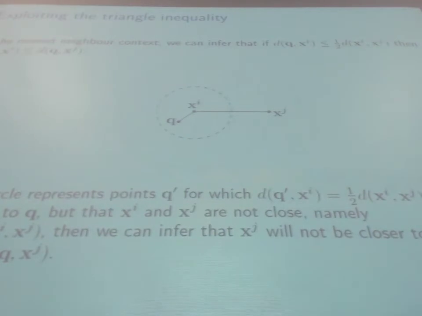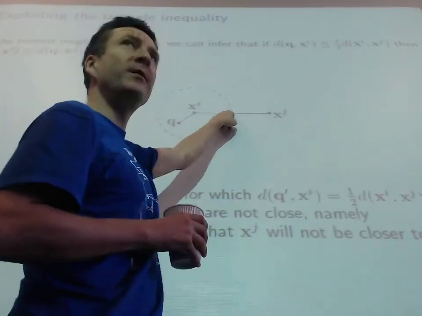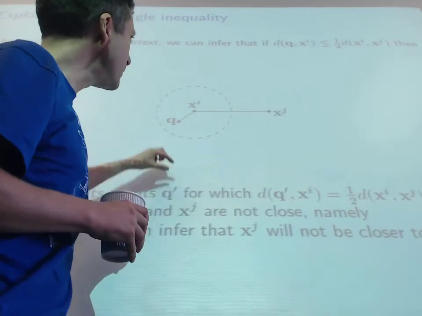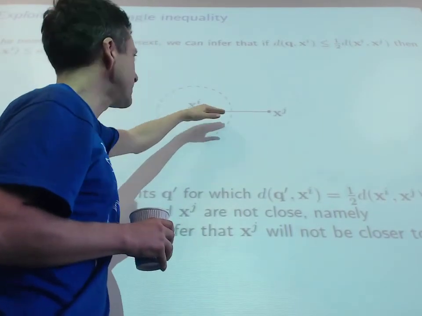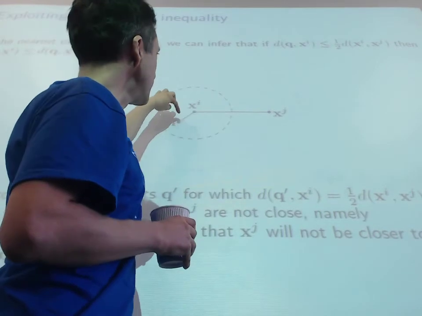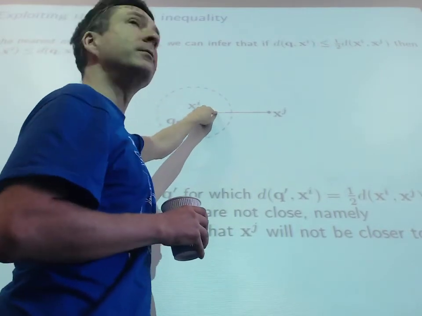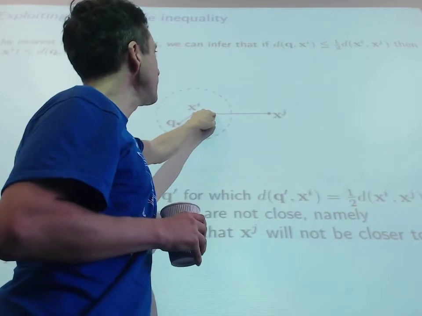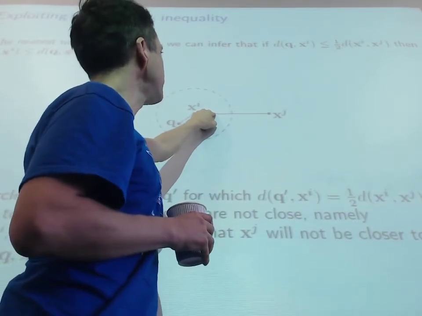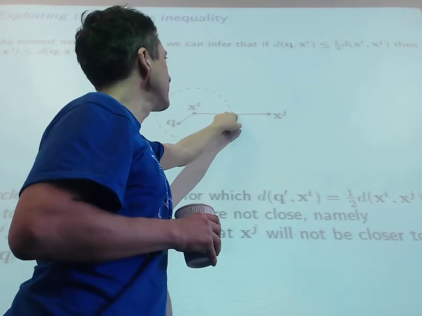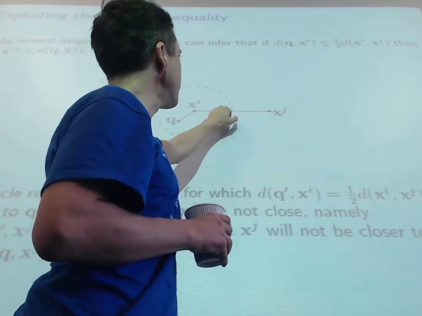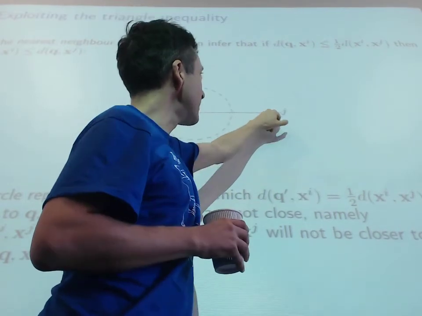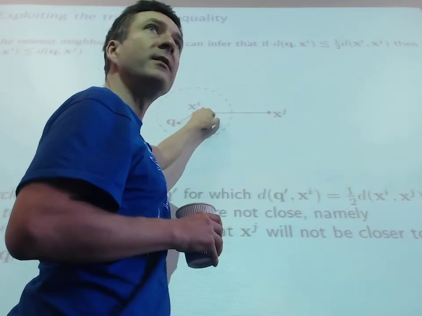Depending on your abilities to visualize Euclidean geometry, you may see this better than I do, but I think it's fairly clear. At this point here is the midway point between xi and xj. You could imagine an extreme case where Q is over here, and even then there's no way that the distance from there to there could be larger than the distance from here to here.